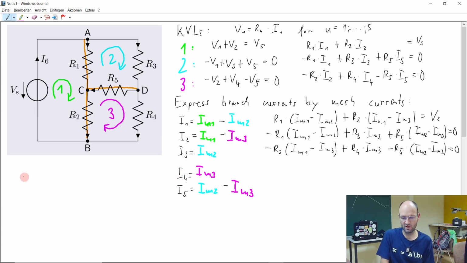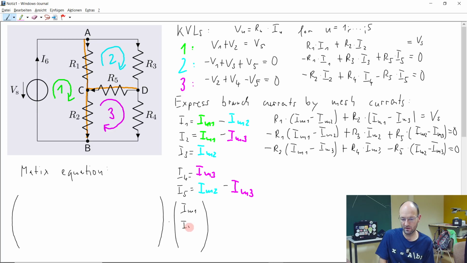So what I will once again do is write this as a matrix equation. And so I need a 3 by 3 matrix, a little longer because there are many coefficients in there. Then we have our vector of the 3 unknown mesh currents, IM1, IM2, and IM3.